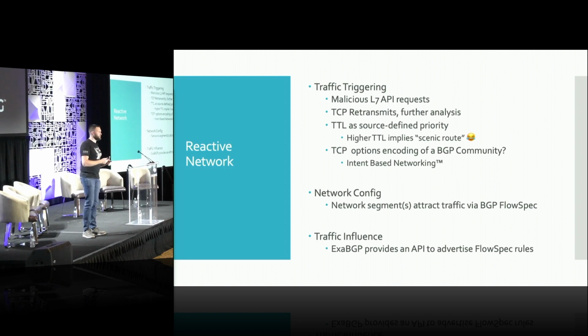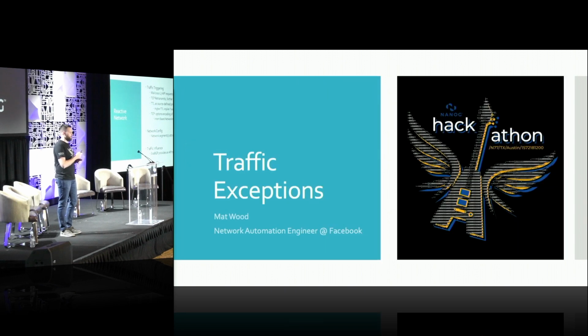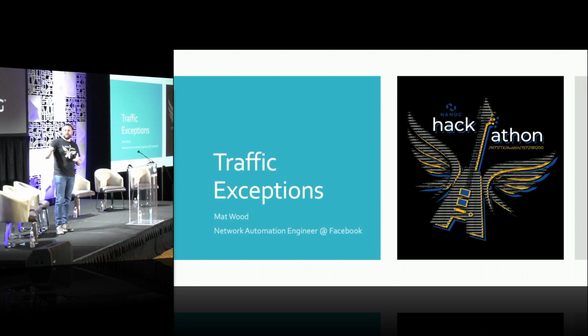Or even doing more advanced things like encoding BGP communities in TCP option headers and doing intent-based networking. For network config, we can do things like network segments that attract traffic via BGP flow spec, and then for our traffic influence, we use things like ExaBGP to provide an API to advertise these flow spec rules. Thank you. I'm going to now hand this off to our three teams, and they're going to talk about their demos.